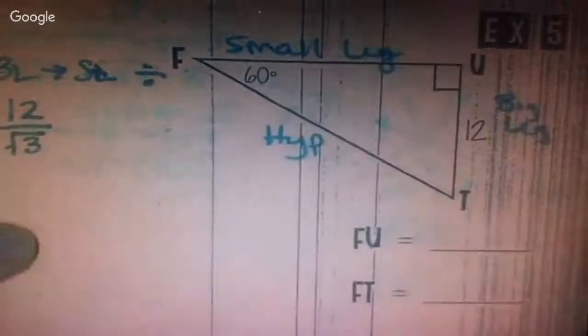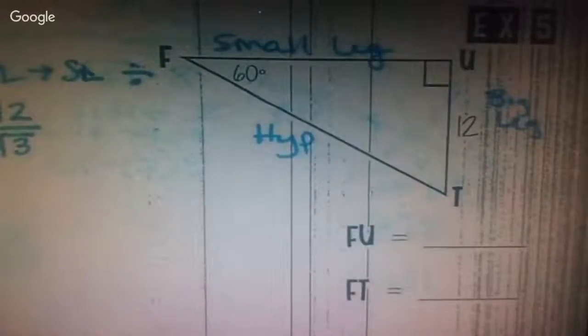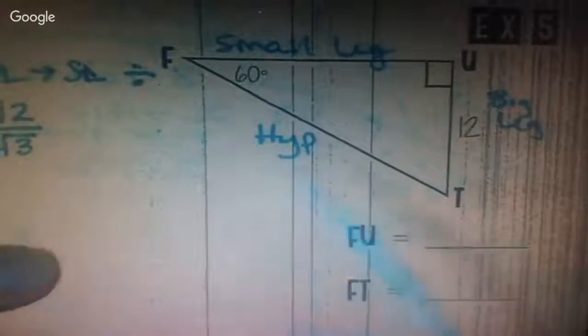Square root of 3. Oh, geez. You mean I've got to do that whole rationalizing? So we need to rationalize, which means we need to multiply both the top and the bottom by the square root of 3.